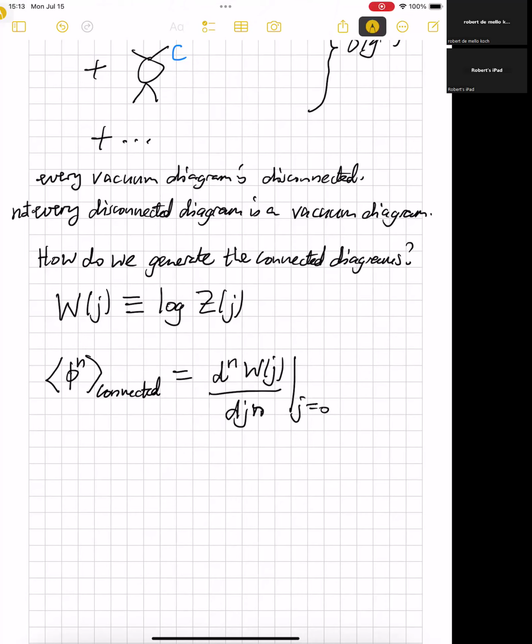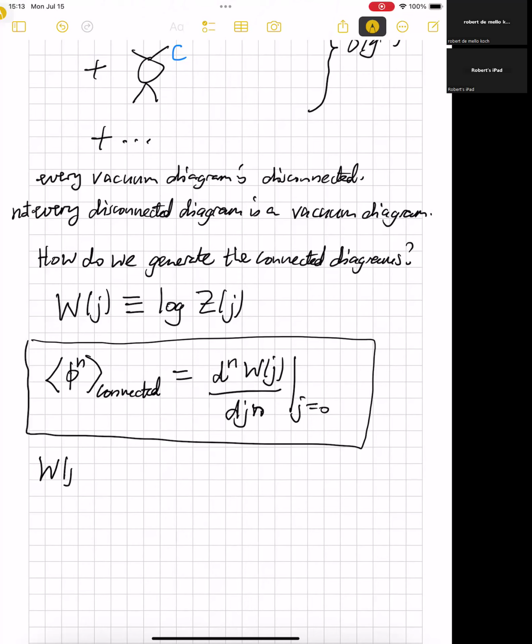So what is this telling you? W of J generates the connected correlators.